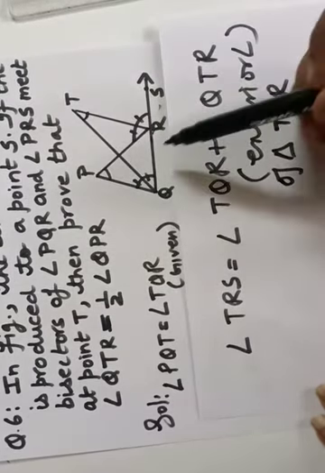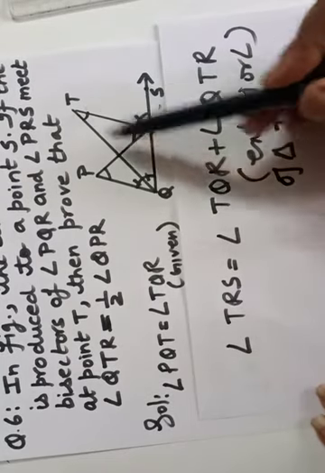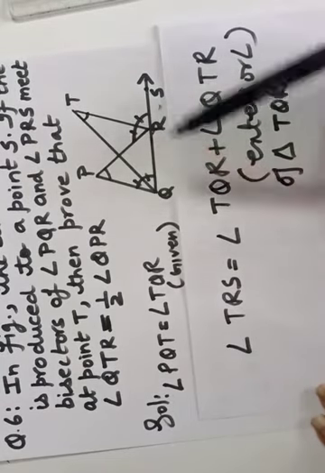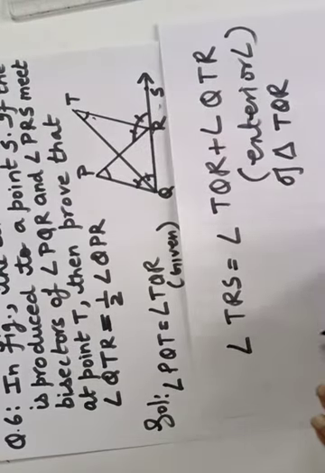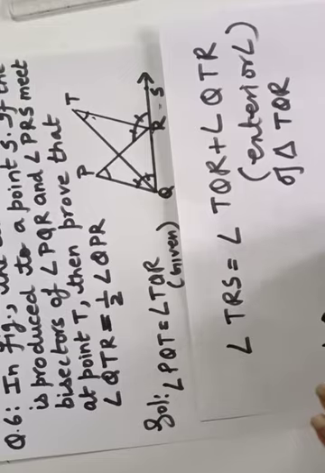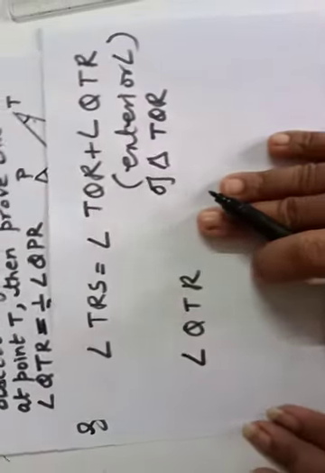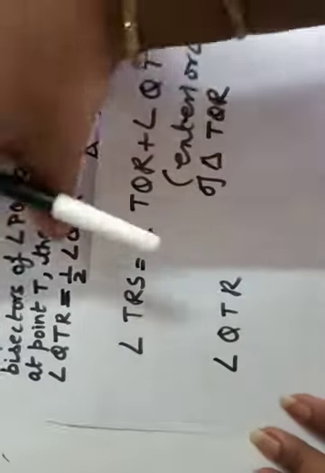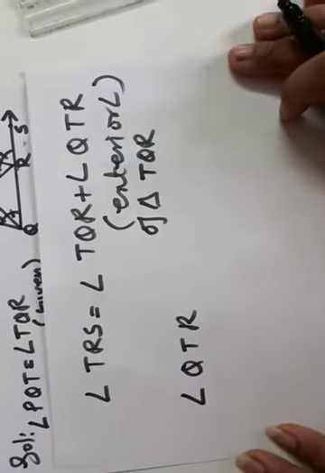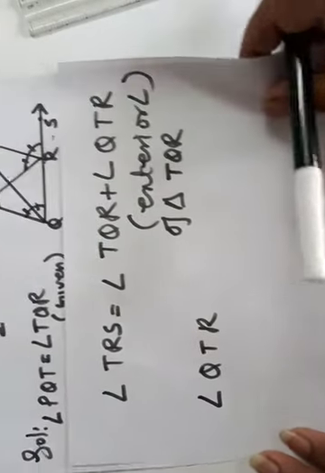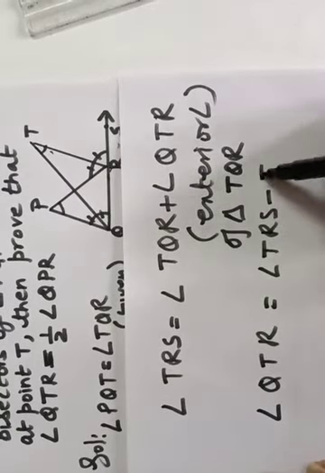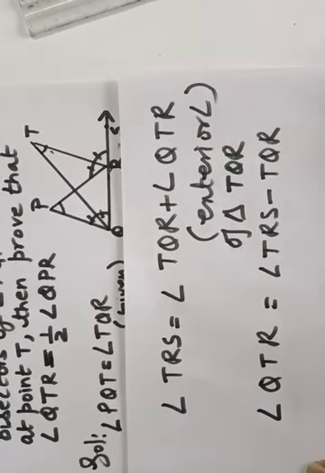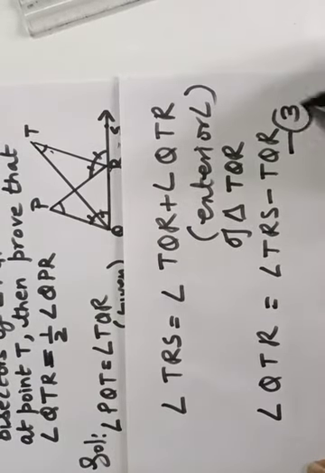Yes, this angle TRS is the exterior angle of TQR. So the exterior angle is equal to the sum of the opposite two angles. So what we can see, angle QTR is equal to angle TRS minus TQR. Yes, this is equation number 3.